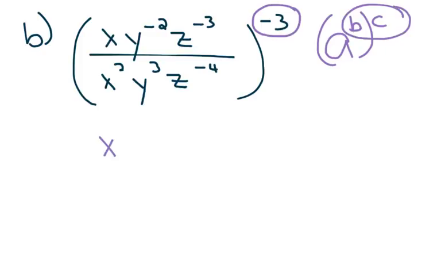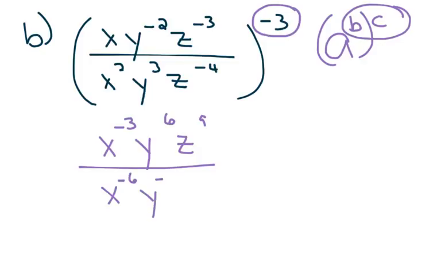So I'm going to get x to the -3rd, y to the +6, z to the +9, because that's what I get when I multiply the exponents together. And in the denominator, I'm going to get x to the -6th, y to the -9th, and z to the +12th.